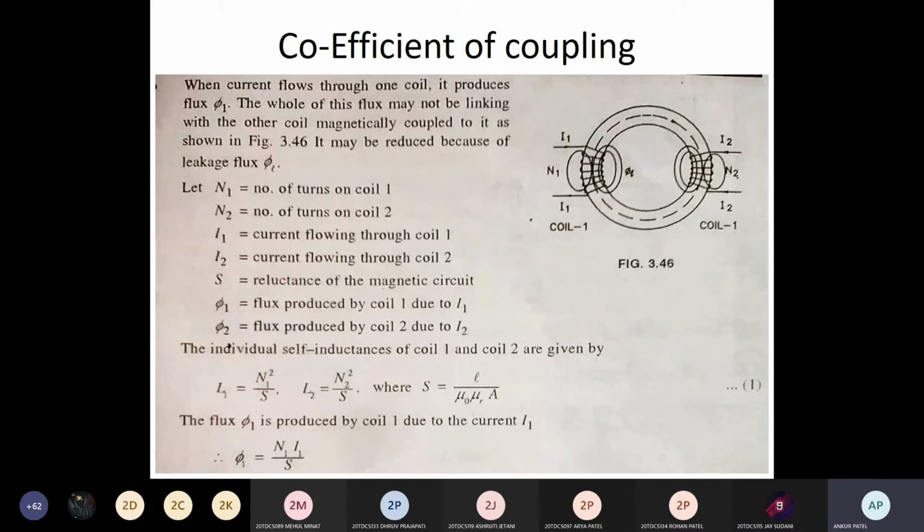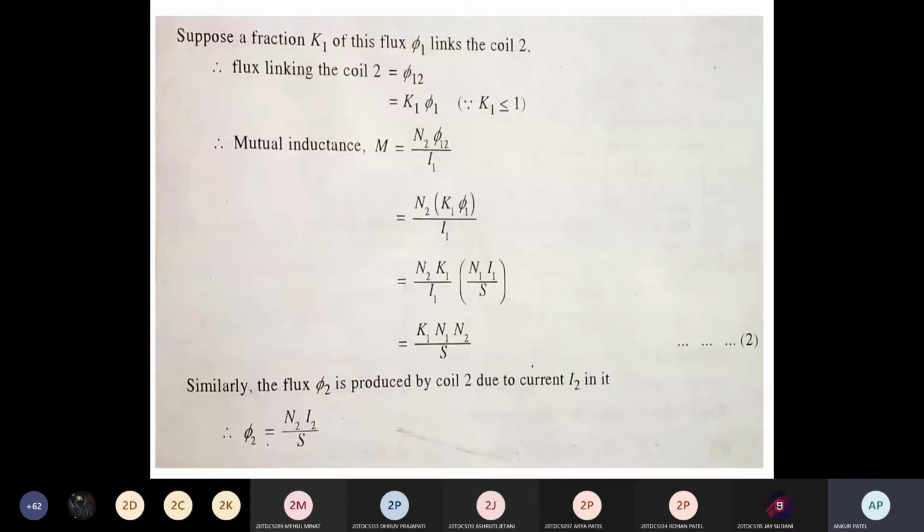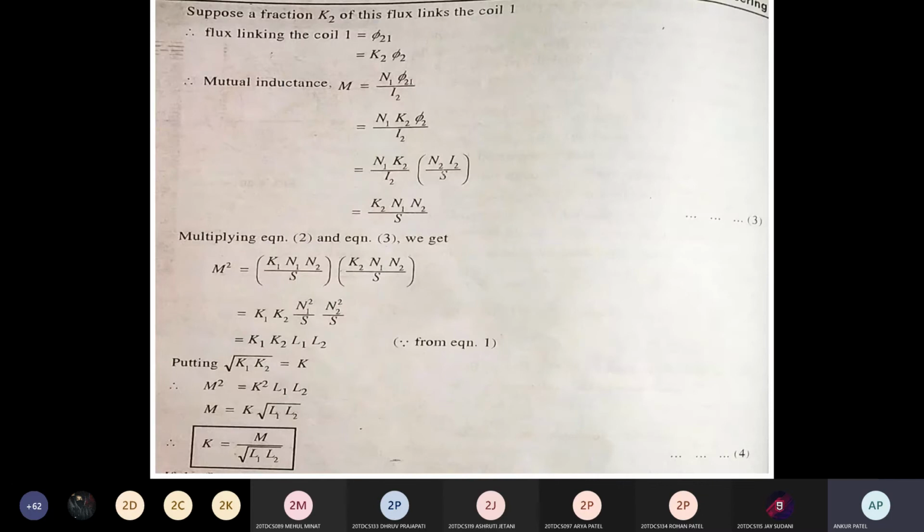The self-inductance is given, and the flux produced phi1 is given. We have taken the fraction K1, which should be less than or equal to 1. The mutual inductance is N2 phi12 by I1, so we have K1 N1 N2 by S. Now phi2 due to the current I2 is N2 I2 by S. Here we consider a fraction K2 of this flux linked with coil 1, so phi21 is equal to K2 into phi2.